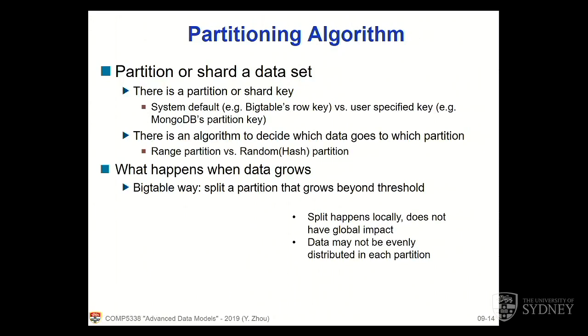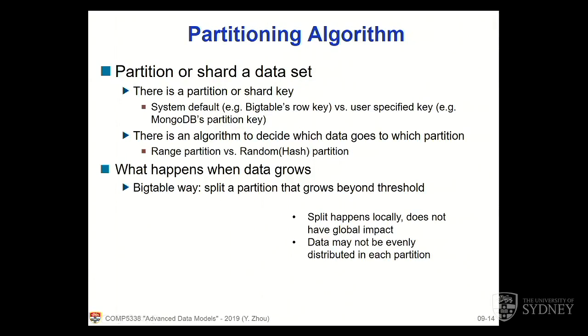So what happens when data grows? Initially everything is pretty fine, but it's a bit hard to handle when data grows. How do you move the data if there's a lot more data that can't fit? In Bigtable, it happens locally.